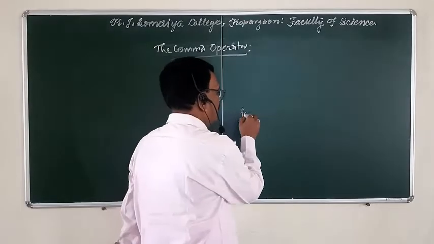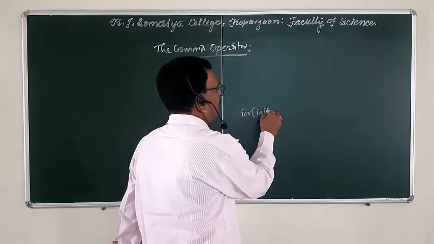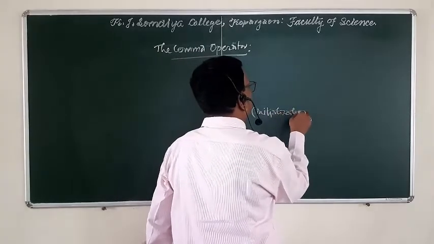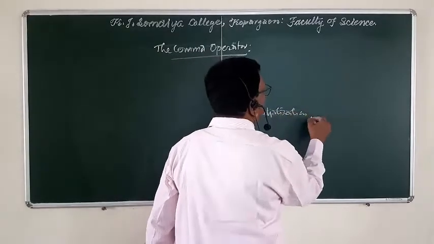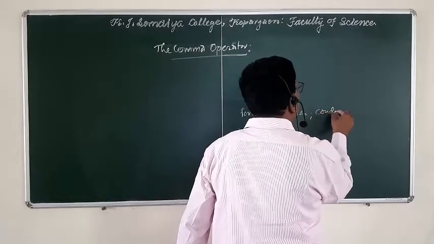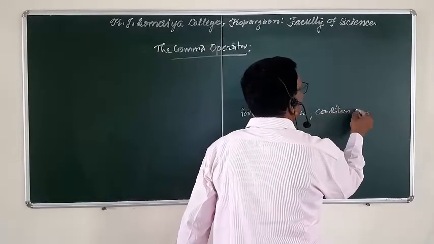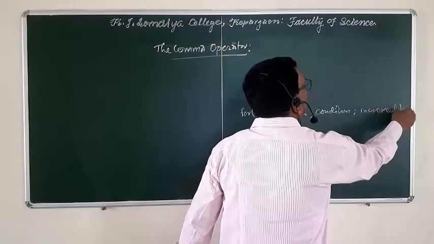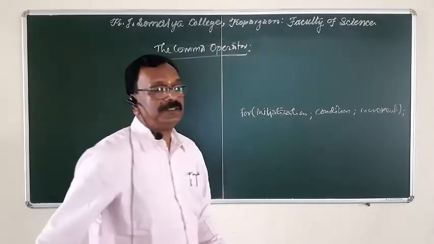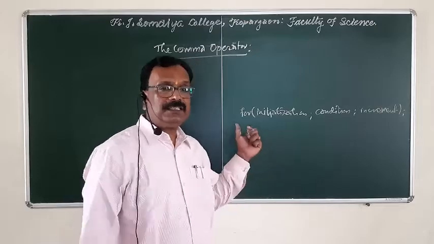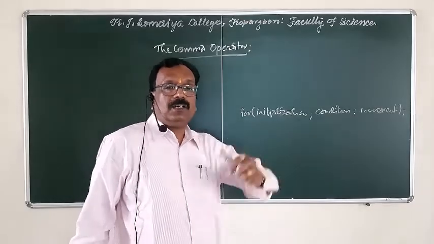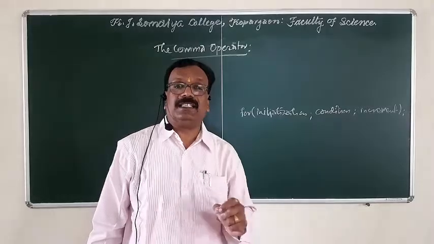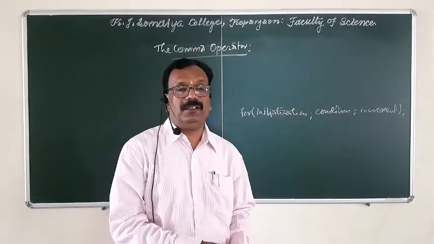We know the for statement: for initialization expression, then condition expression, then increment expression. We are familiar with this for expression, and in this for expression, the comma operator is used primarily in conjunction with the for statement.